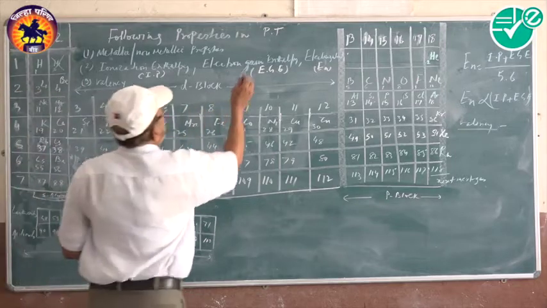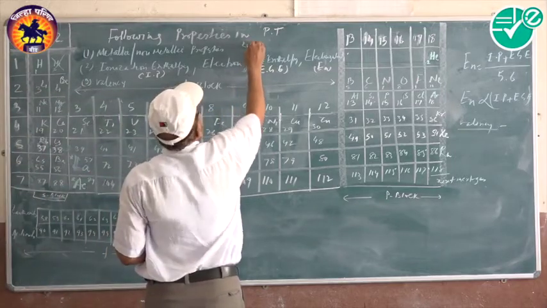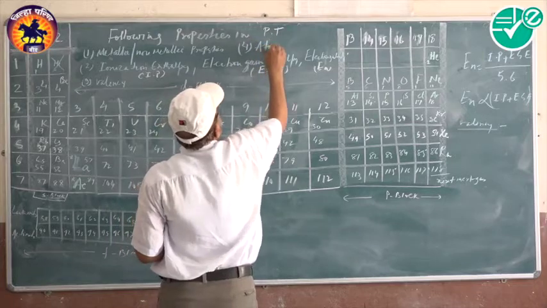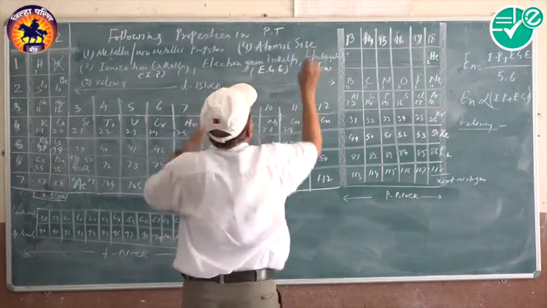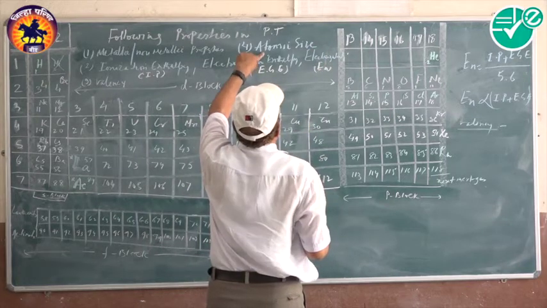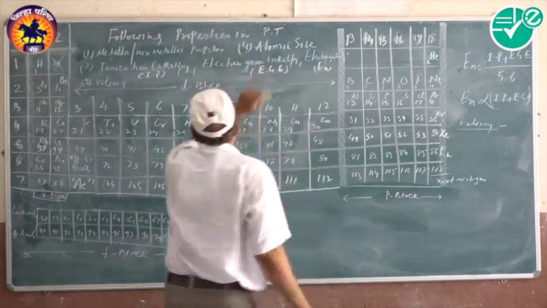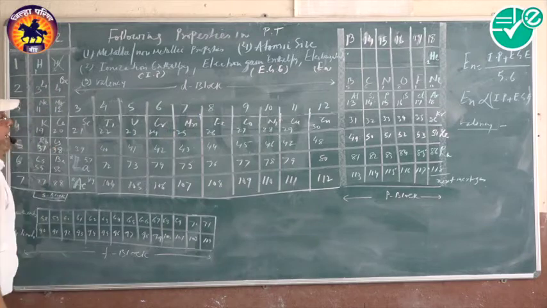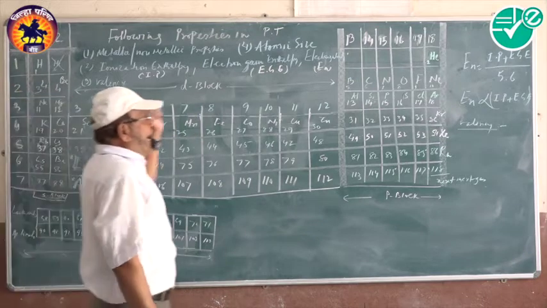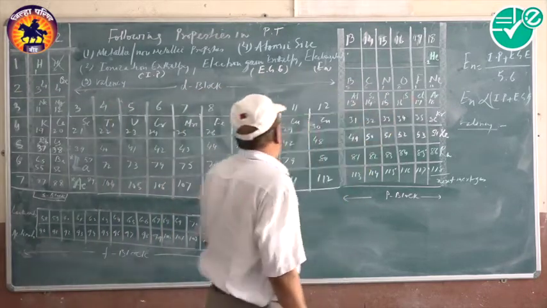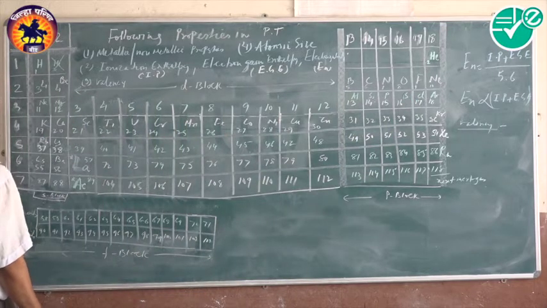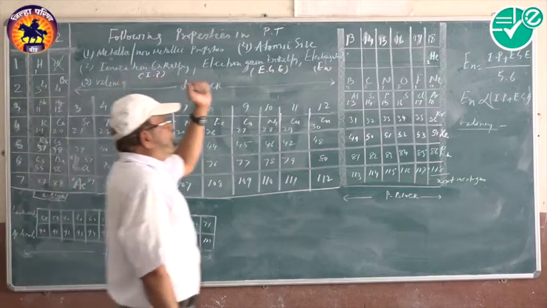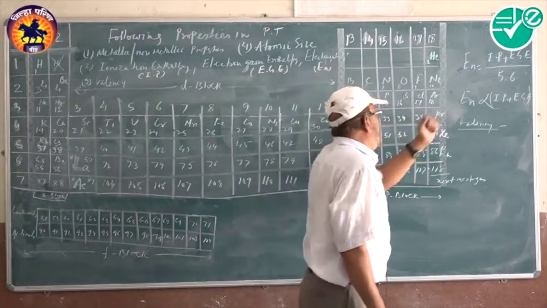Again, one more point is there. Fourth point is atomic size, atomic size or ionic size, the ionic radius. Left hand side is metal, right hand side is non-metal. As we know, metal is just like male and non-metal is just like female.